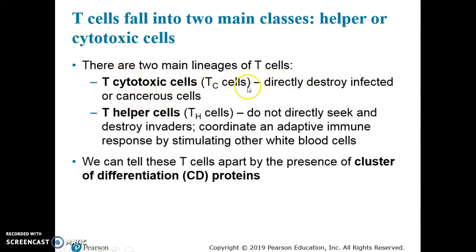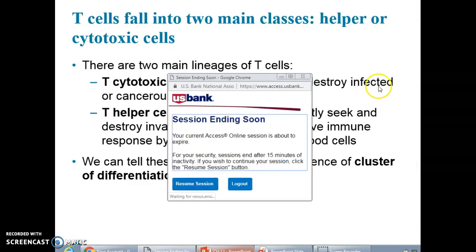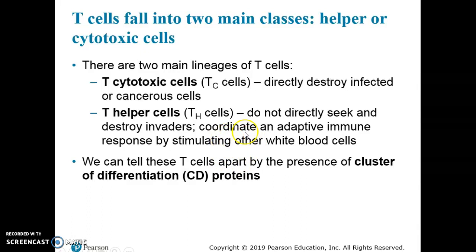These T cells kill. Helper T cells, what do you think they do? Their name is helper, so they actually help the different parts of the adaptive immune response. T helper cells coordinate an adaptive immune response by stimulating other blood cells.